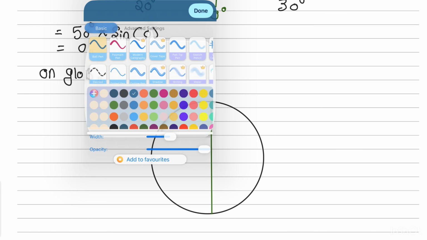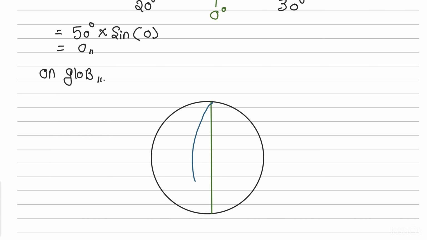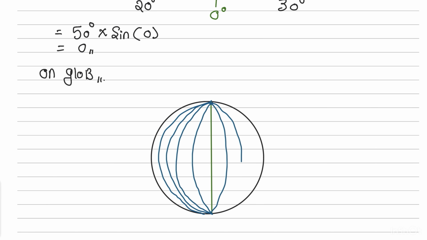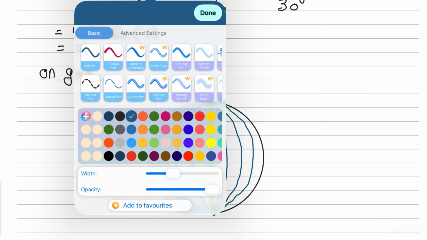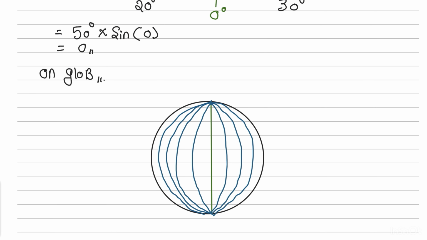Okay, so let us draw 0 degree. Westerly longitudes, then we have easterly longitudes. My hand is not stable.